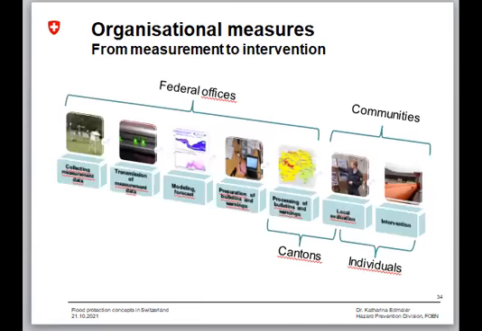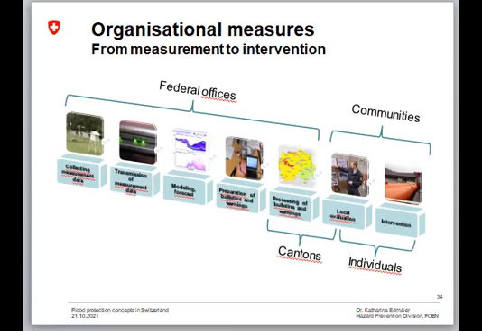This figure shows the cascade of actions during an event for all levels of administration in Switzerland, which Caroline presented before. While the federal administration is responsible for collecting and evaluating meteorological data and issuing warnings within a reasonable time, as I said before, the cantons become active when severe weather warnings are issued.